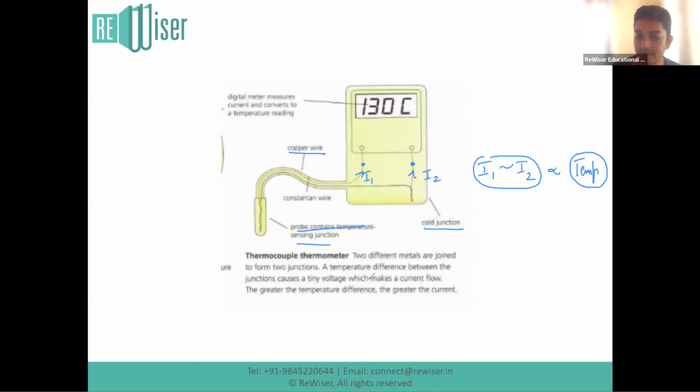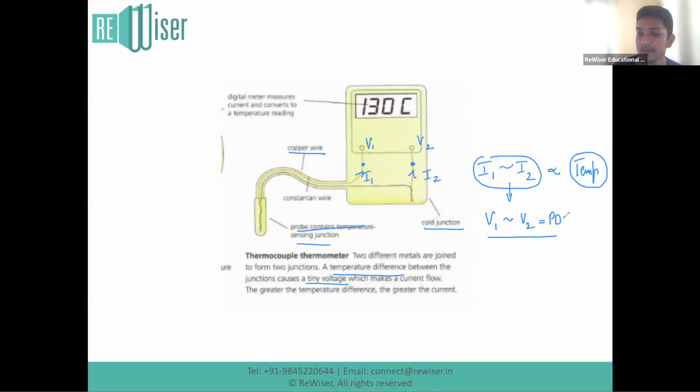Again, as explained, the temperature difference between the two junctions causes a tiny voltage. How does voltage persist? Because of a difference in flow of current. Because current flows, there is a voltage; let's call this V1 and let's call this V2. A change in current causes a change in voltage, or a potential difference, to be developed between the two junctions.